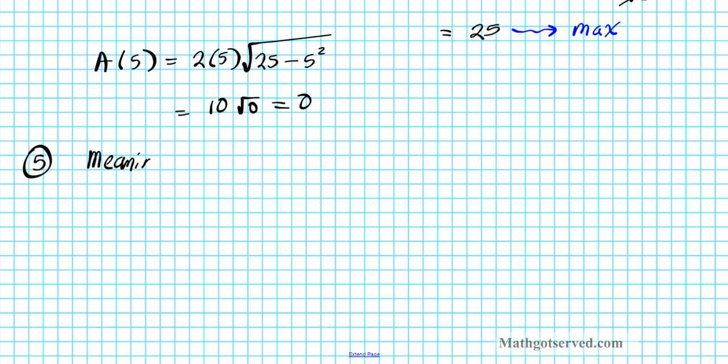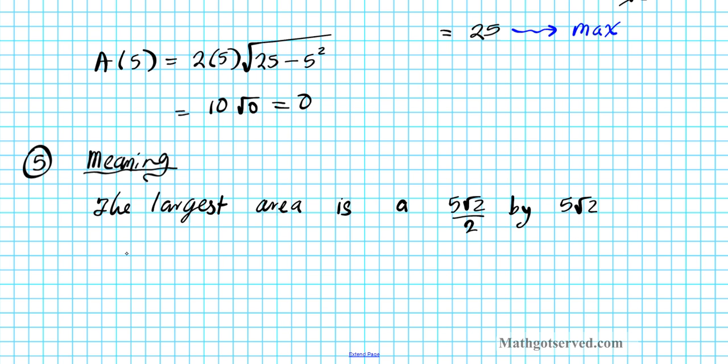Okay, so the largest area is a 5 root 2 over 2 by 5 root 2 rectangle with an area of 25 square units. Okay, so that's basically the answer.